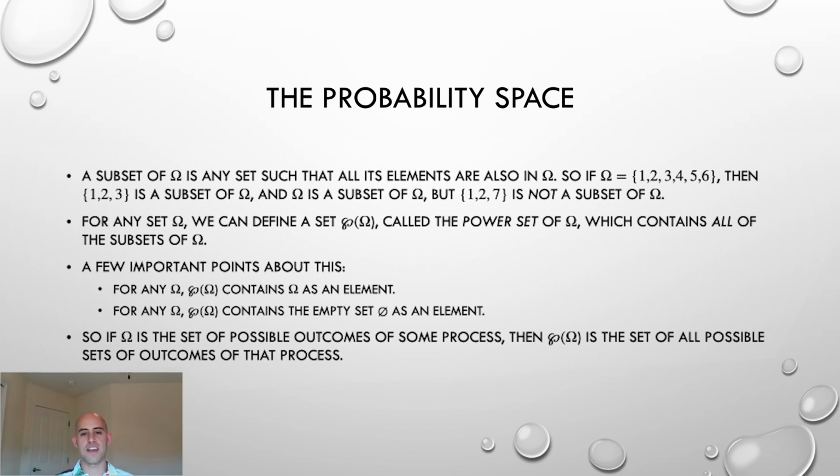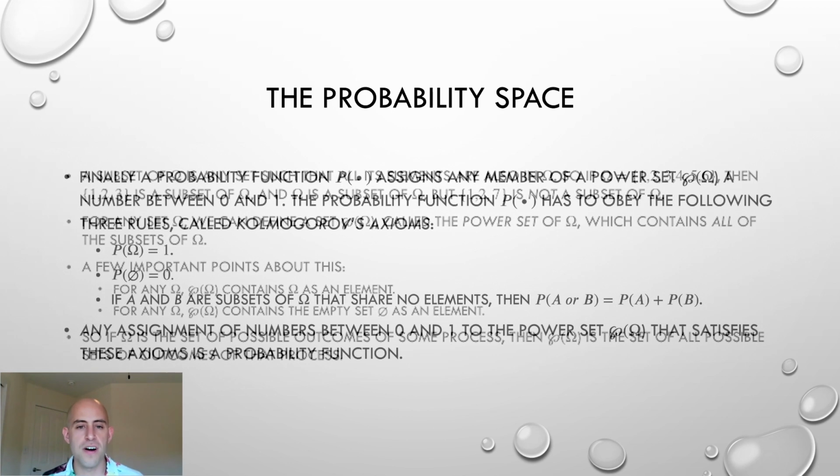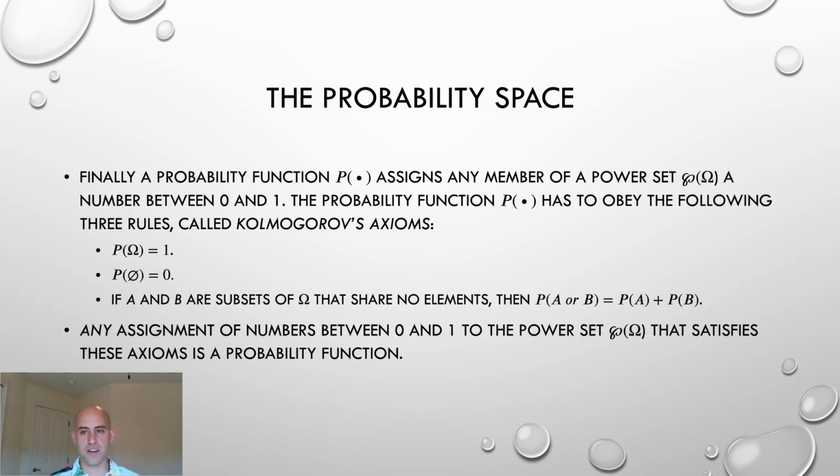So if omega is the set of all possible outcomes of some process, then the power set of omega is going to be the set of all possible sets of outcomes of that process, right? And indeed, it's that power set on which our probability function is defined. So a probability function is just a function that assigns any member of a power set a number between 0 and 1.